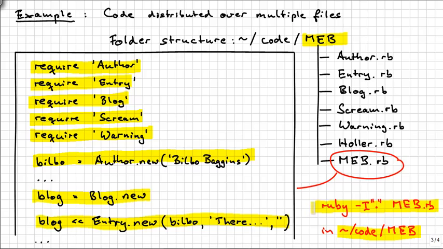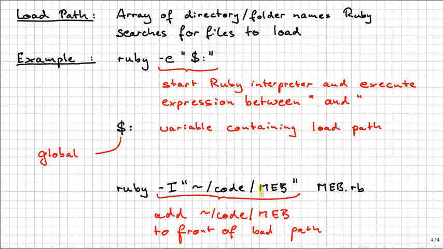The load path is the set of locations where Ruby looks for class definitions or files that it can require or include. More precisely, the load path is an array of directory or folder names in which Ruby searches for files to load. You can find out the current load path if you execute this command at the command line.